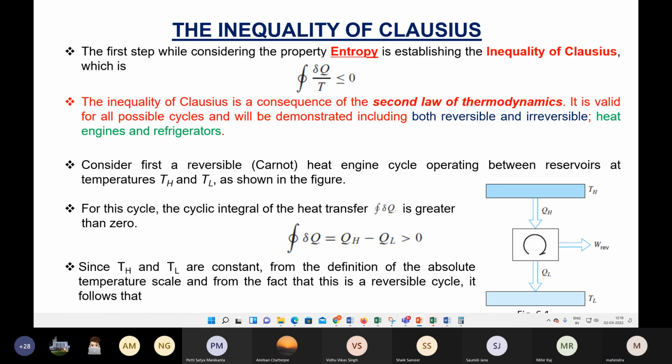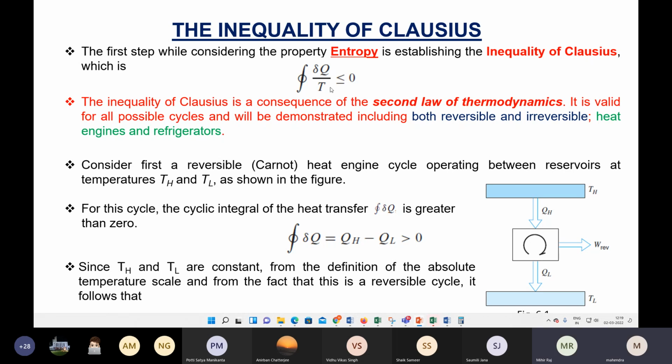However, the limiting possible condition is that both are equal. In that case, delta Q is either greater than 0 or just equal to 0. If you understand that, then let us go further.